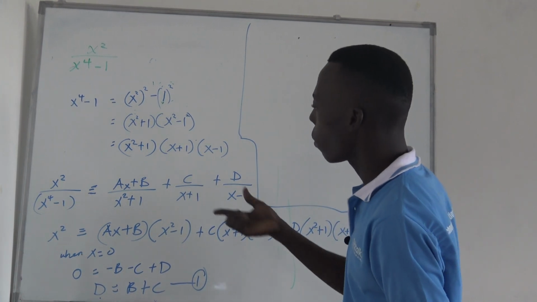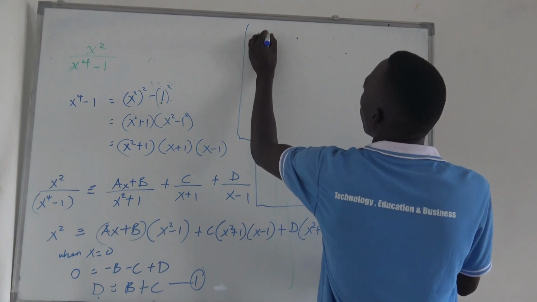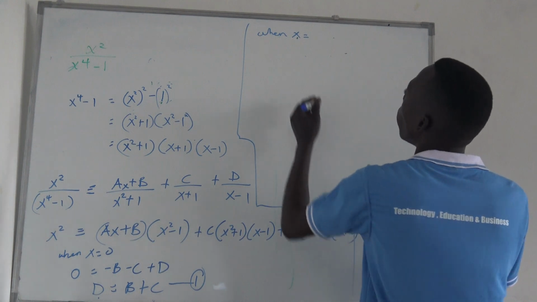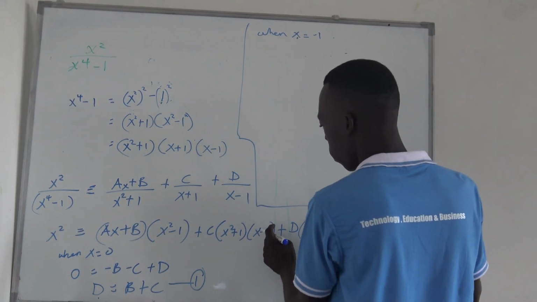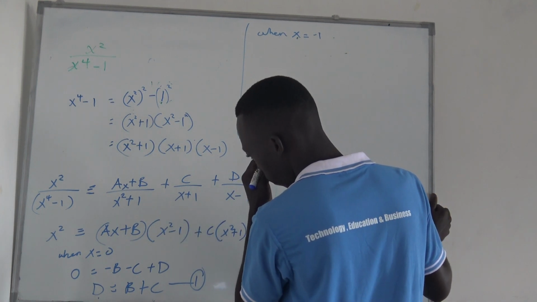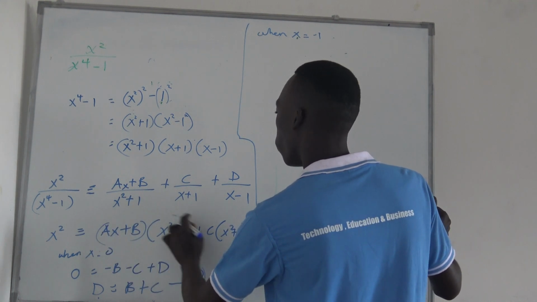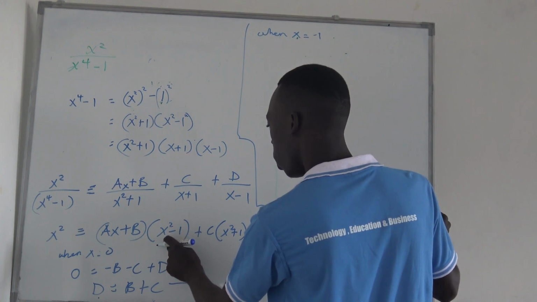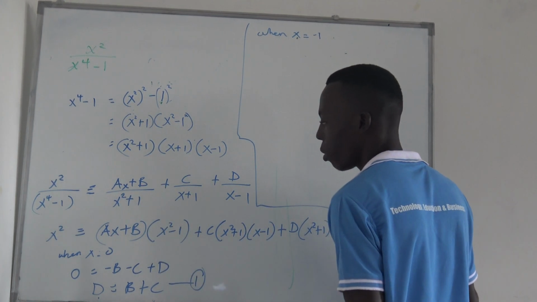Also, we get others. I think you can put in negative 1. So everything here will go to 0. Also this one, when you put 1, everything here will go to 0. When you put negative 1, this one also goes to 0, because this one will be positive 1.